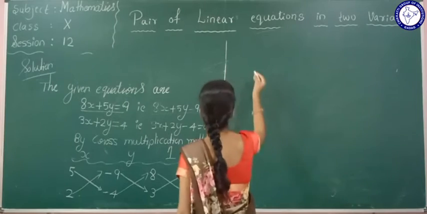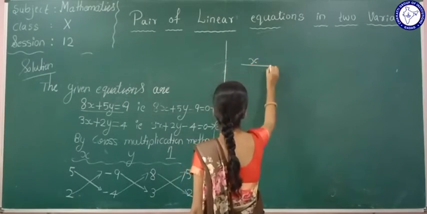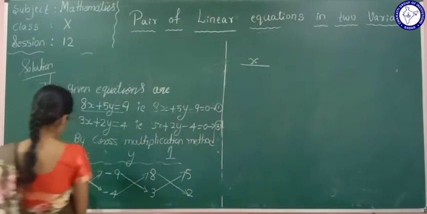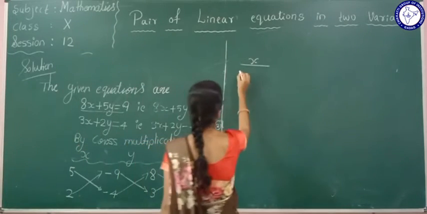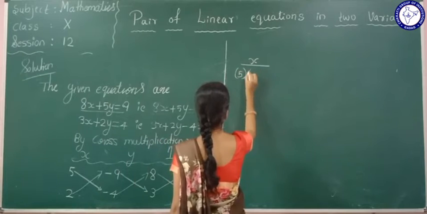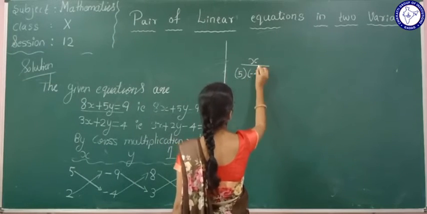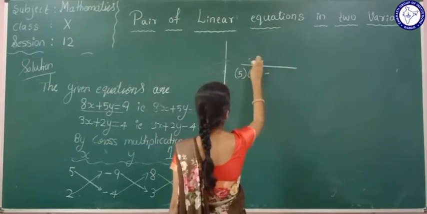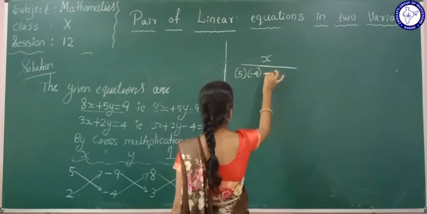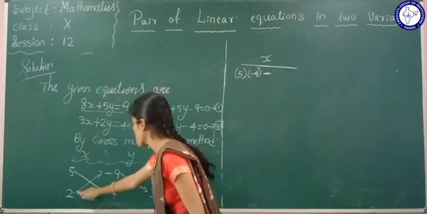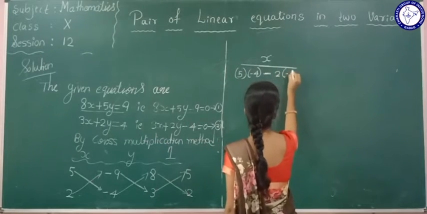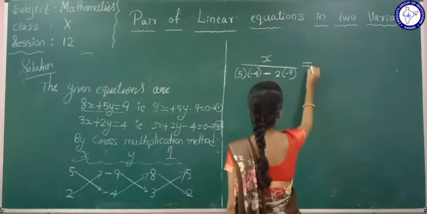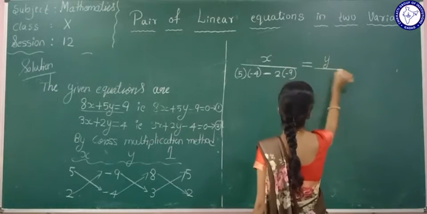So next, x is equal to, multiply 5 by minus 4, minus of 2 multiplied by minus 9, is equal to y.